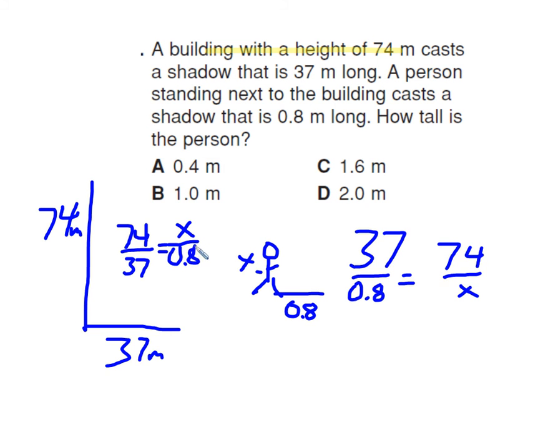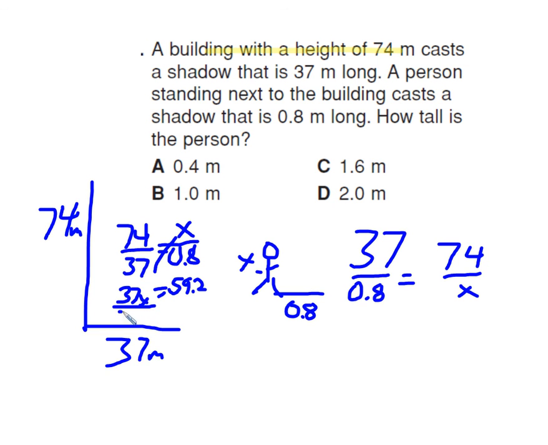Cross products, and so we get 74, and I worked this out ahead of time. 37x, I like to have that. 74 times 8/10 is 59 and 2/10. Getting kind of messy here. Divide each side, isolate the x. 37 times x equals 59 and 2/10.